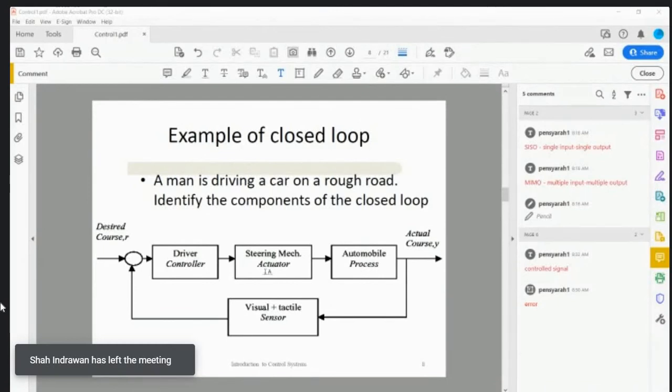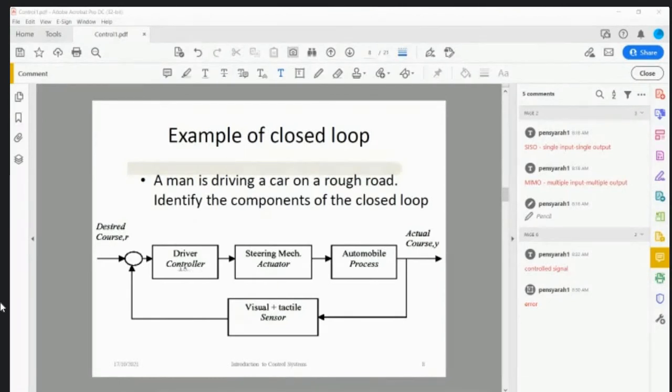In terms of the controller, because this is just a manual control, the controller is the man himself, the driver. Then in a closed loop system, we have a sensor. We need to compare the desired course with the actual course.